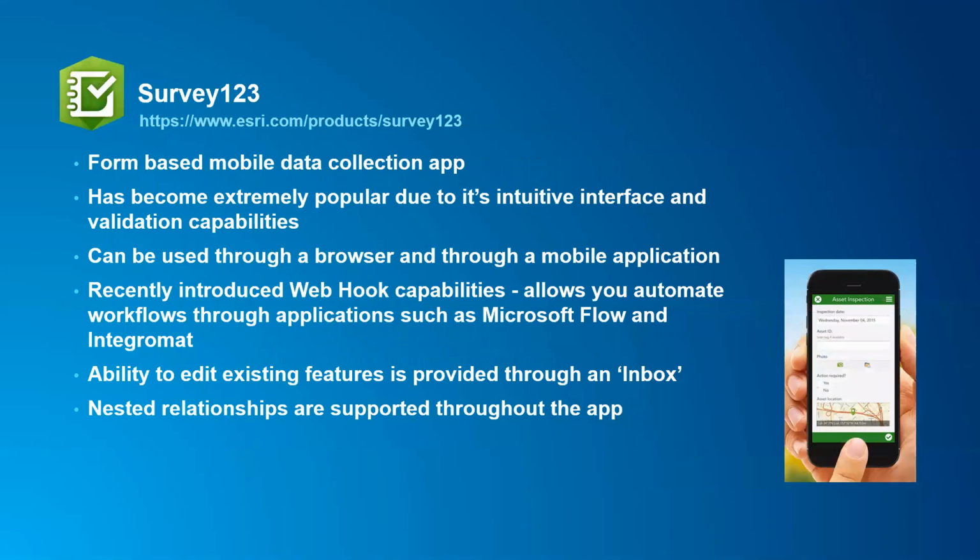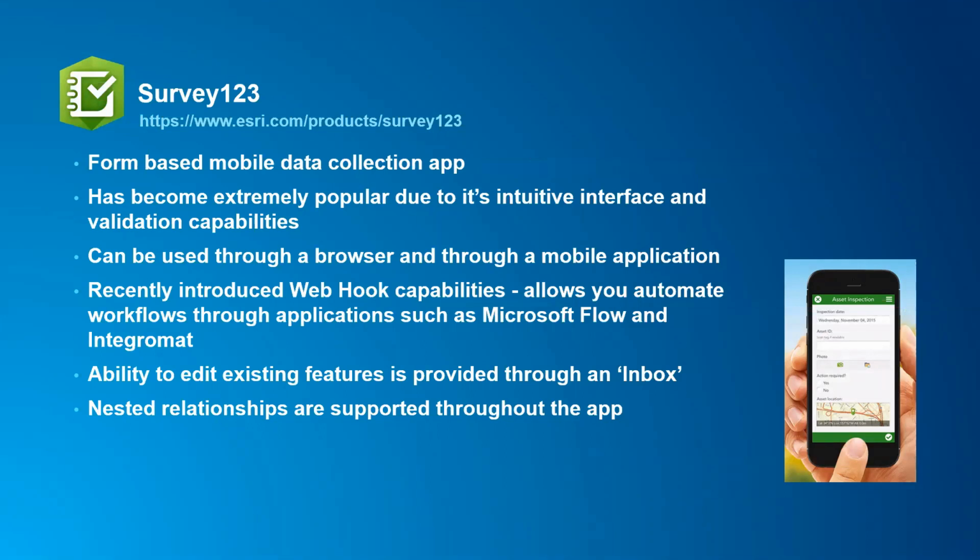Then we have Survey123. When we compare these, this is our second data collection app, but it is more forms based. Collector is all based around web maps, whereas Survey123 is all based around forms, and it's become very popular because of its interface and its validation.